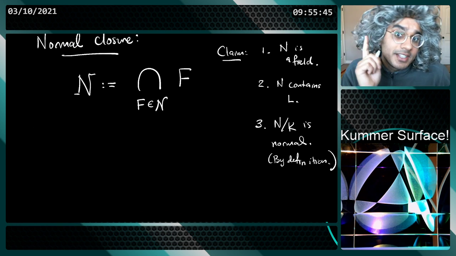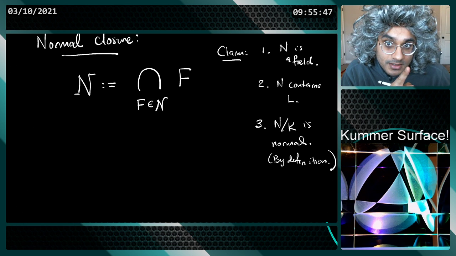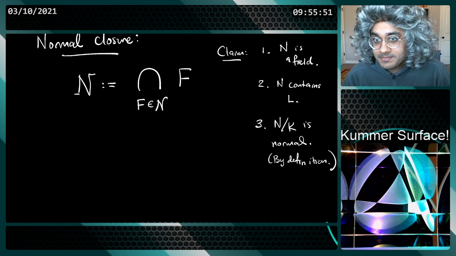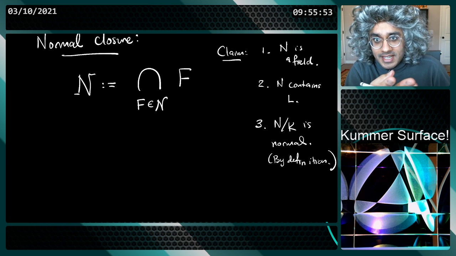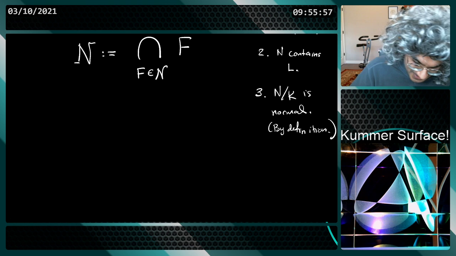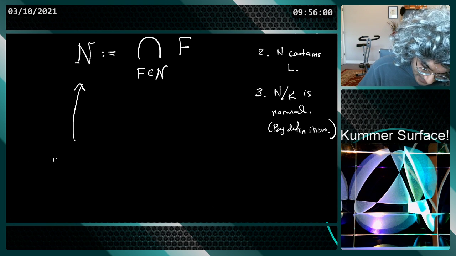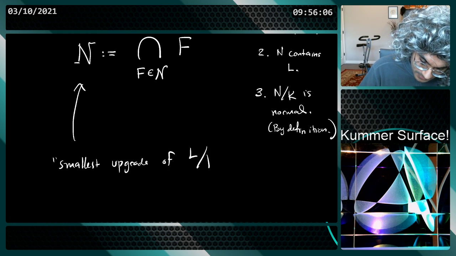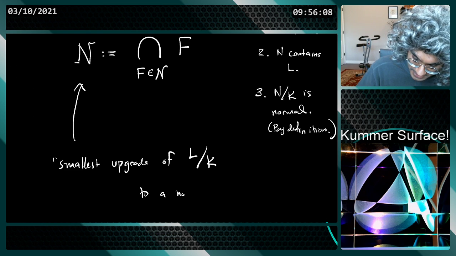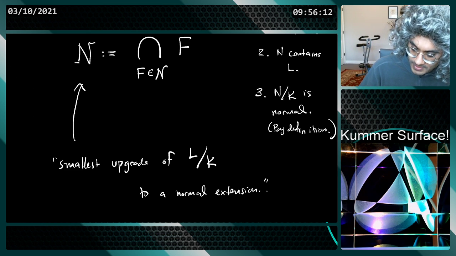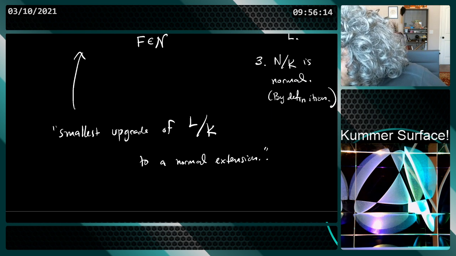And this is the smallest field that contains L and is normal over K. Because look, it's the intersection of all of the possible ones. It's contained in all the others. So this is the smallest upgrade to a normal extension. It's called the normal closure.